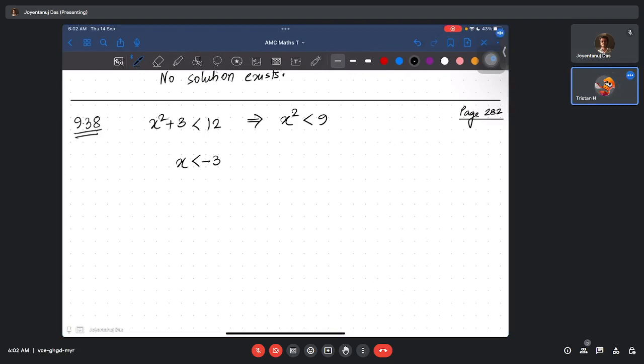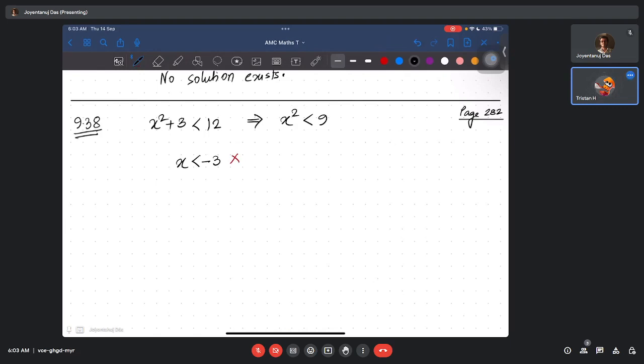Yes. But if I choose x equals negative 4, then it does not work, right? I see. Oh, so it would be x less than 3.